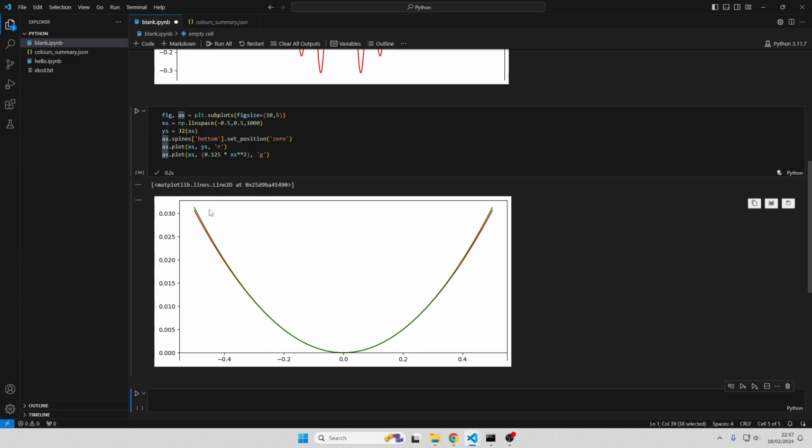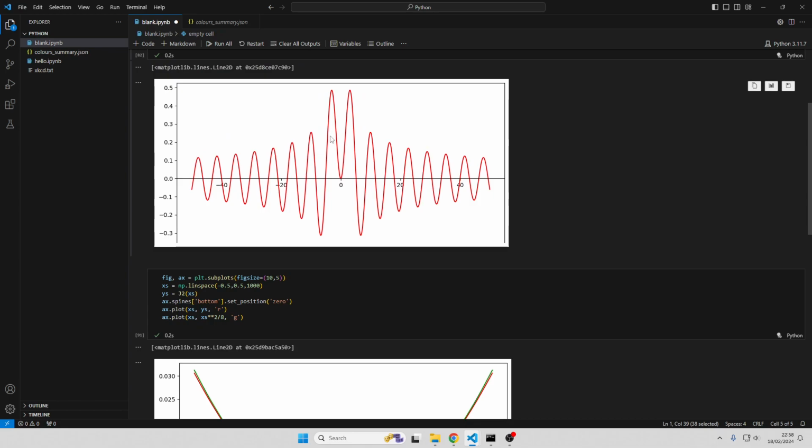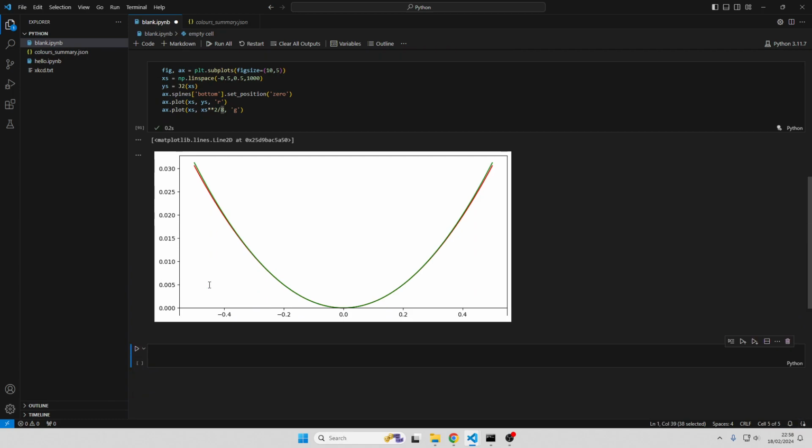Now we can see that these things are matching up very closely, and we notice that 0.125 is 1/8. So let's tidy this up. That's our first estimate of what's going on close to the middle, close to 0 here: the Bessel function is looking very close to x squared over 8.